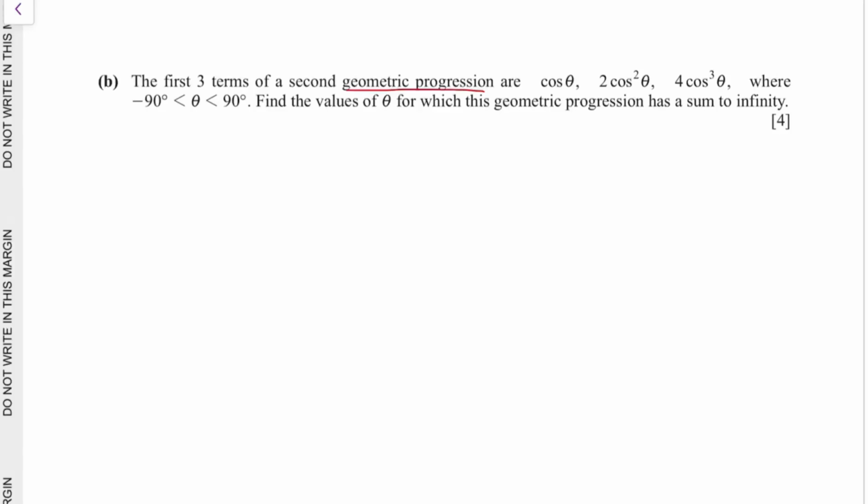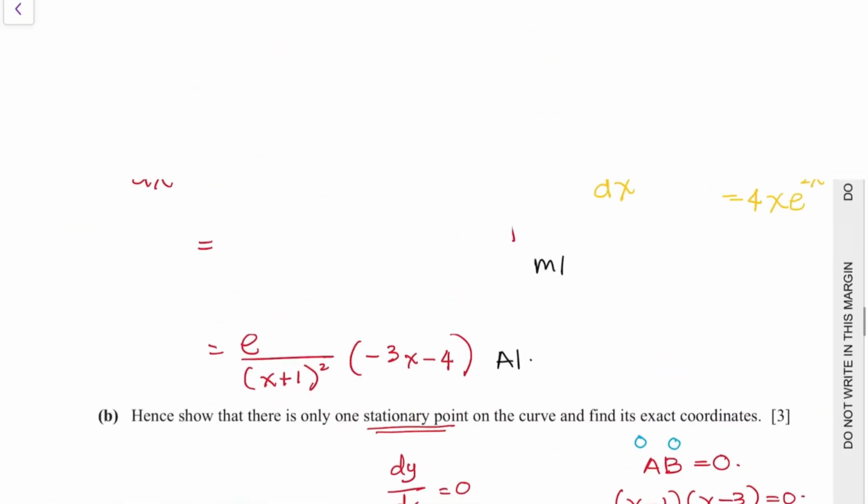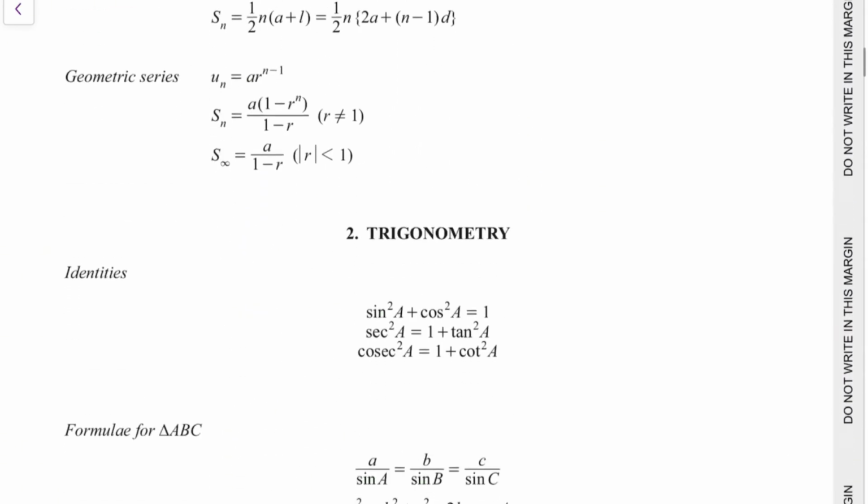They don't ask you to find the sum to infinity, but they want you to find the values of theta for which the geometric progression has a sum to infinity. When it has a sum to infinity, it means that your modulus r would be less than 1. Okay, that's one thing you need to remember. It's given in the formula, actually. Let me show it to you. It's given in the formula here.